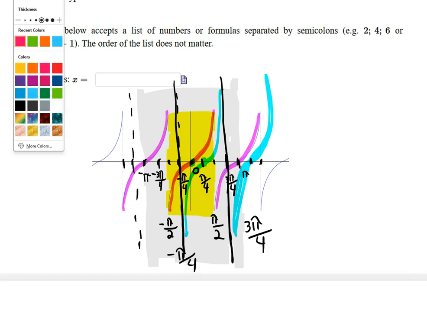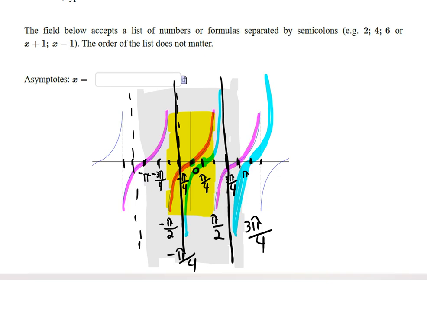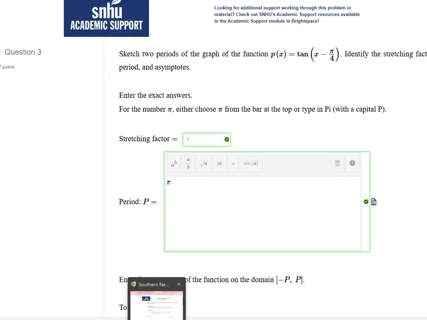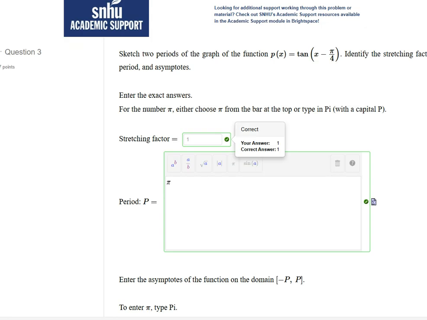Your point is now going to have to cross at pi over 4, and then you want to notice the asymptotes at negative pi over 4 and 3 pi over 4. So when I jump back to my problem, there's my stretching factor of 1. My period is pi.